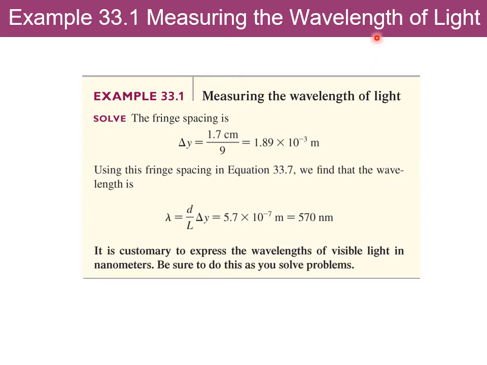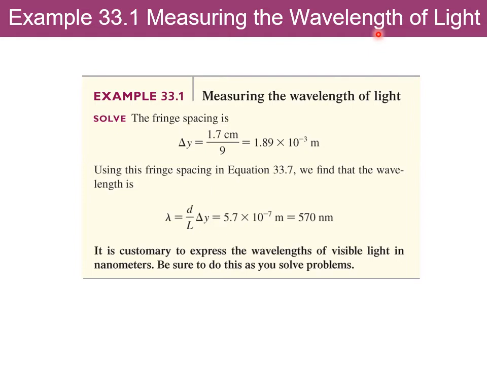We know that delta y between bright fringes on the viewing screen is lambda times L over d. Solving for lambda, we find that it is equal to d times delta y over L.